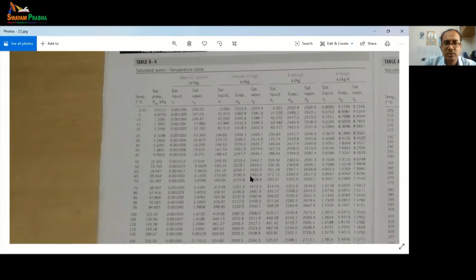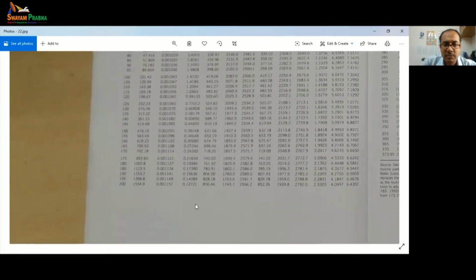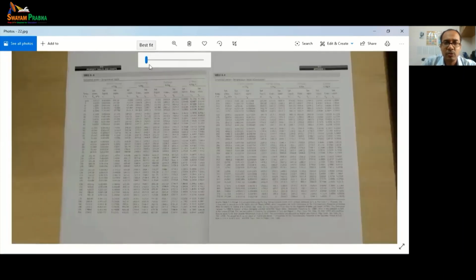Counting 1, 2, 3, 4, 5, the fifth column is uf and the seventh column is ug. The fifth column gives us 850.46 kilojoule per kg, and the seventh column gives us 2594.2 kilojoule per kg. So we look these values up and go back to our problem.